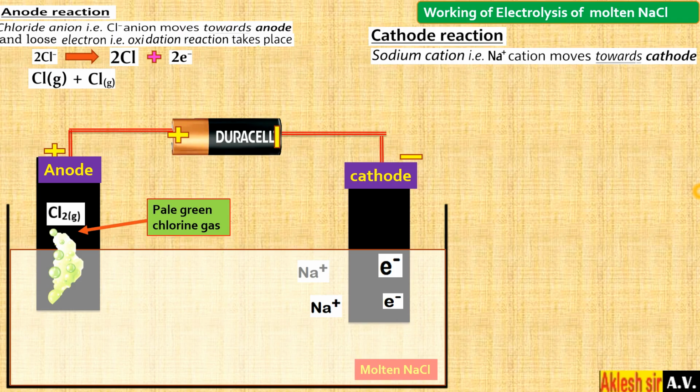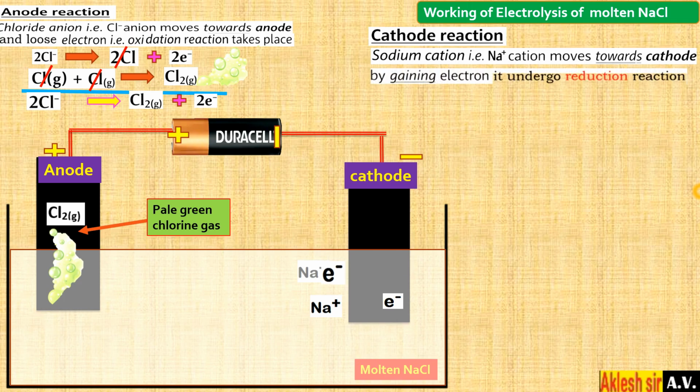Here both chlorine atoms combine to form Cl2, that is, chlorine gas. Net reaction at anode: the 2 chlorine atoms on the right side of the primary reaction cancel with the 2 chlorine atoms on the left side of the secondary reaction. So what remains is 2 Cl- on the left, and Cl2 and 2 electrons on the right.